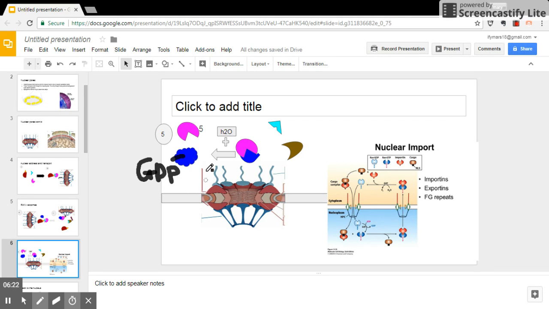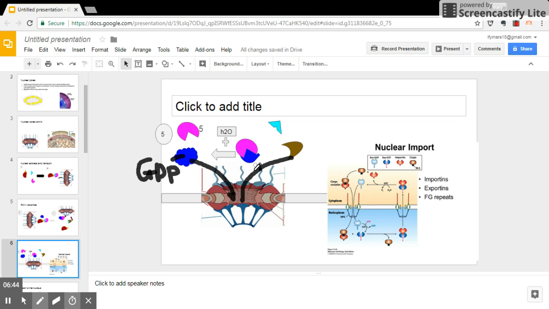It can't perform any function in this state. A consequence of that is that our beta subunit is going to dissociate from it, and our exportins are going to let go of the alpha subunit. Together this is going to go back into the nucleus, and so is this.